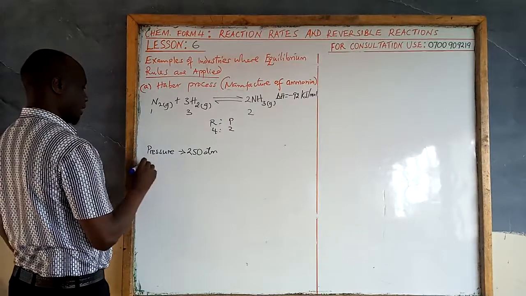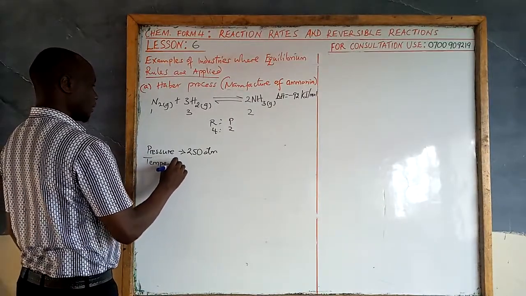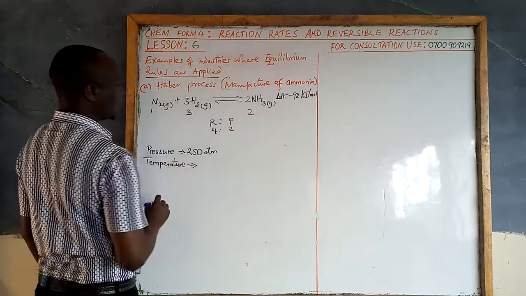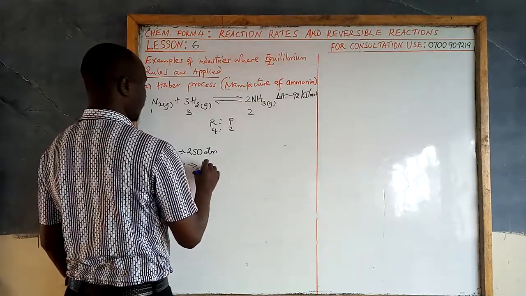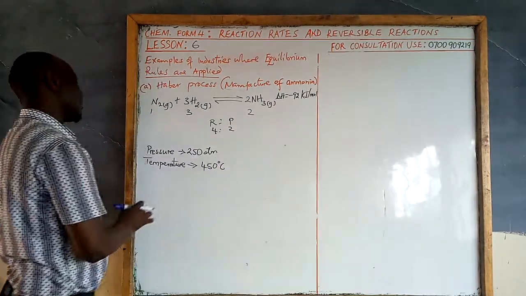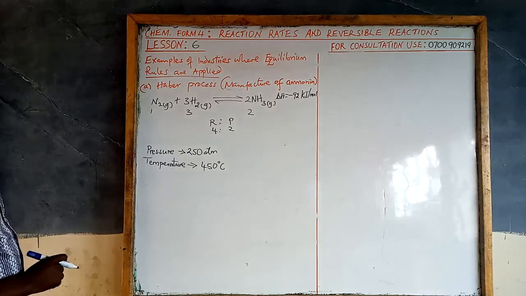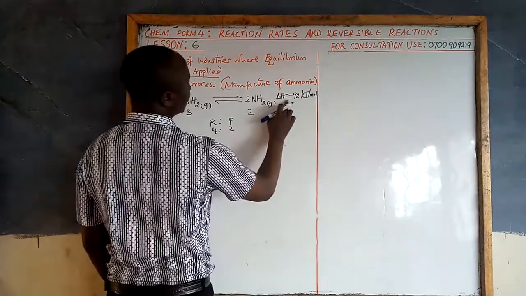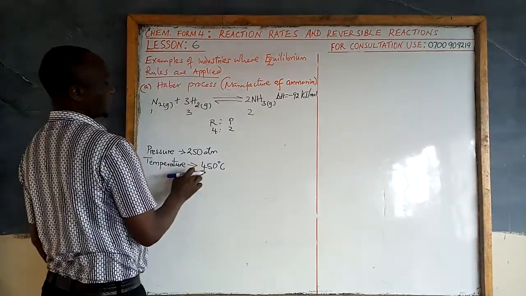And then we have another one, temperature. Now, in the manufacture of ammonia, a temperature of 450 degrees Celsius, or 400 to 500 within that range, is used as the best condition. Now look at this, the reaction here is exothermic, yet we are using such a high temperature.